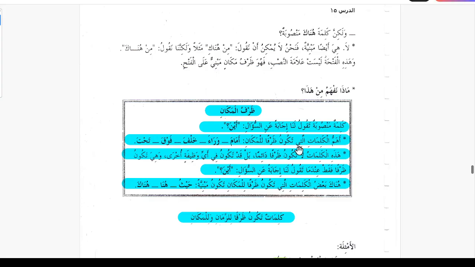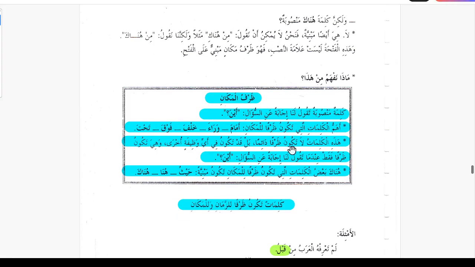Ahammul kalimat allati takunu zarfan lil makani, some of the important words that become the adverb of place are amama, vara'a, khalfa, fawqa, tahta. Hazihil kalimatu la takunu zarfan daiman, these words are not always zarf.